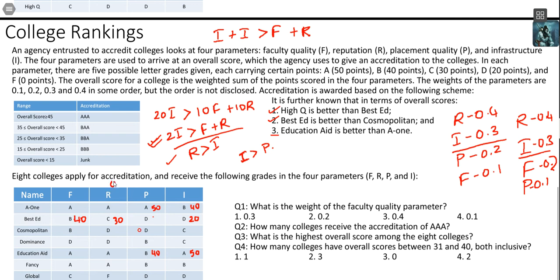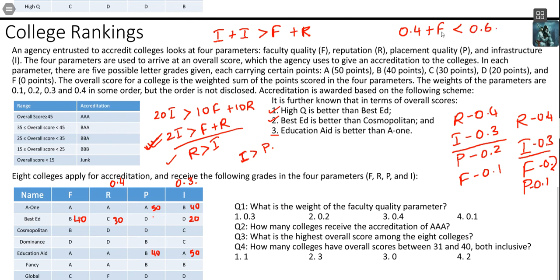But for R, I can say it is happily 0.4. And for I, it is definitely 0.3. Okay. What comes to our rescue here is this expression. Again, 2I is greater than F plus R. I know R is 0.4. So 0.4 plus F is less than 0.6.